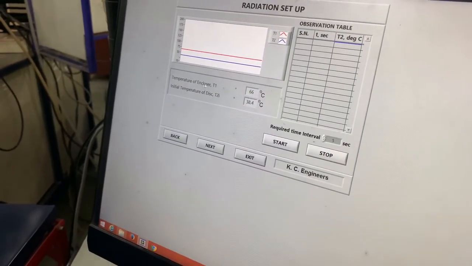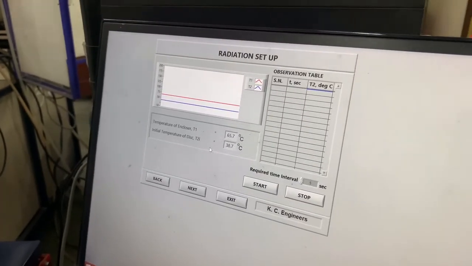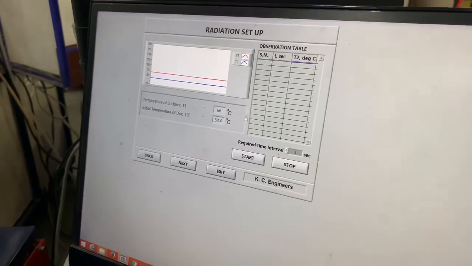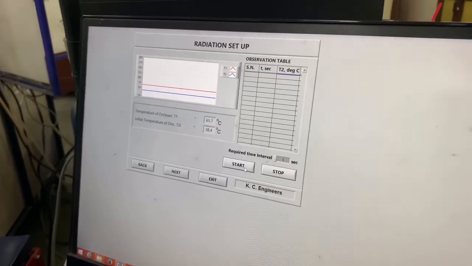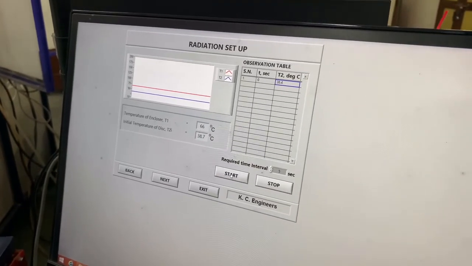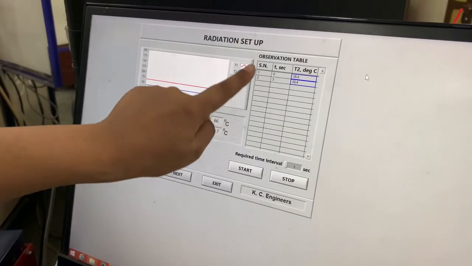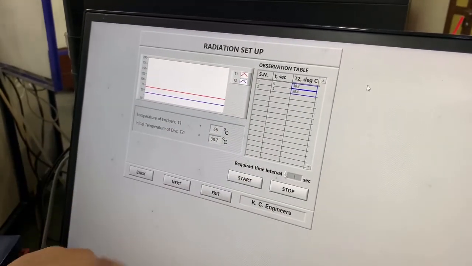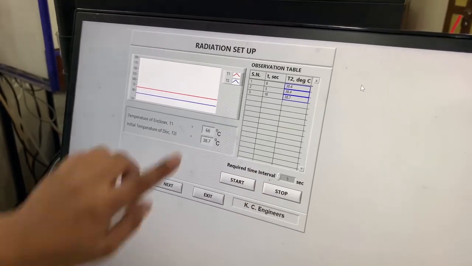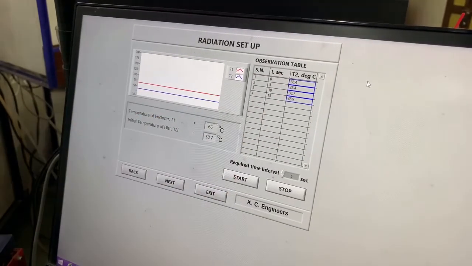The temperature of the enclosure is 66 degrees Celsius, and this is the initial temperature of the disk. So let's start taking readings. Here you see our first reading is this one. We have given the required time interval as 5 seconds, so the reading is shown every 5 seconds.